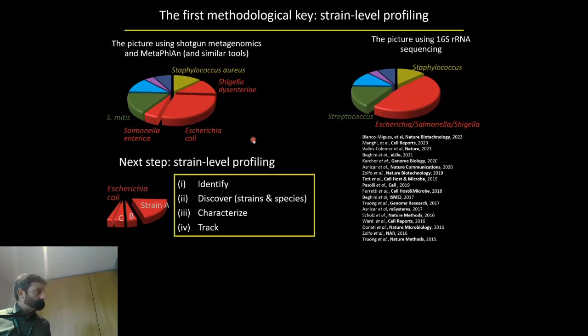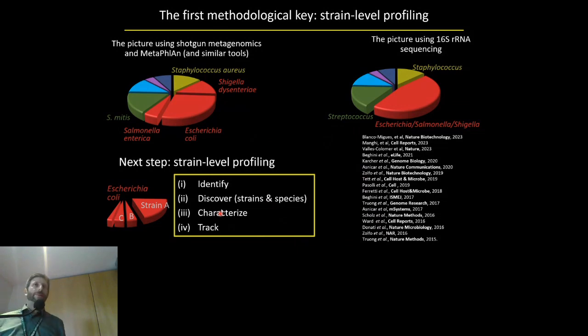So what is really important to do is what we call strain-level profiling, which we and many others are doing. This is our publication in the field, meaning that it's a long process. We started 10 years ago to try to answer these main 4 questions. First of all, identify whether in the sample we have a strain that we already know.